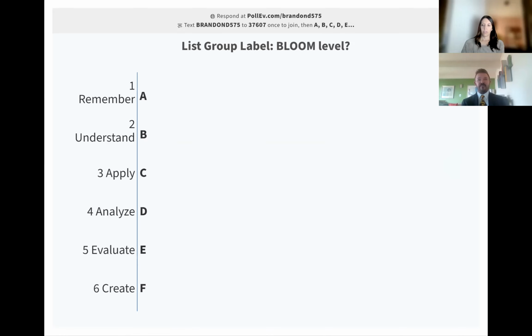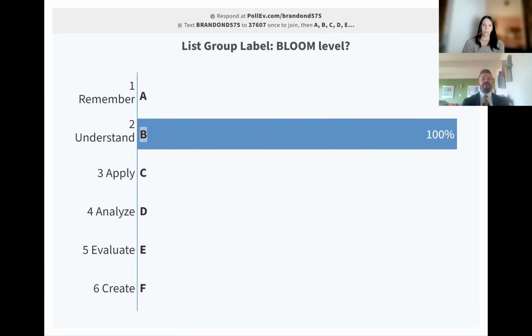Let's look at the Bloom level. What do we think the Bloom level of this standard is? Okay, so we have 100% at understand.